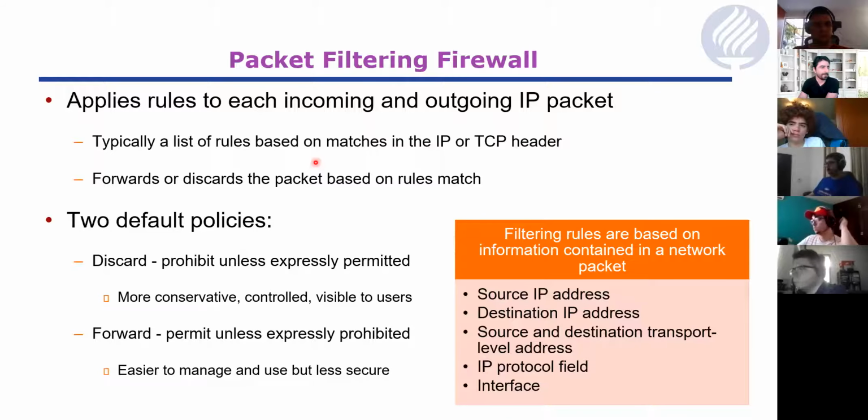As I said, you apply the rules to each incoming and outgoing packet. Typically it's a list of rules based on matches in the IP or TCP headers. For example, you allow this set of IPs to pass through, or this set of TCP headers to pass through, and then you check each packet to make sure it falls in that requirement, then you let it pass.